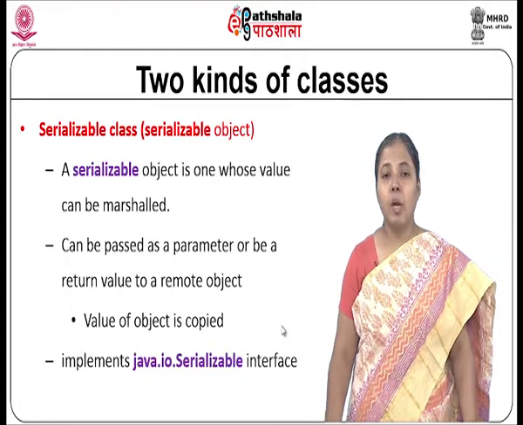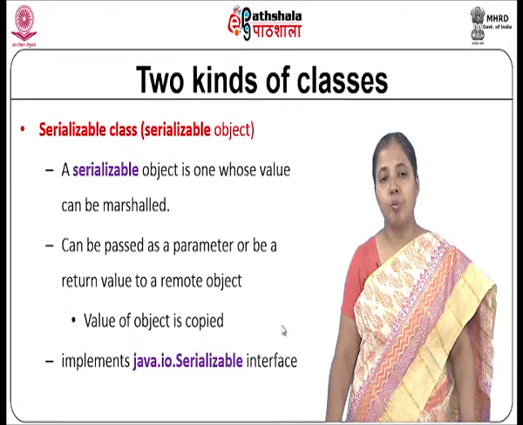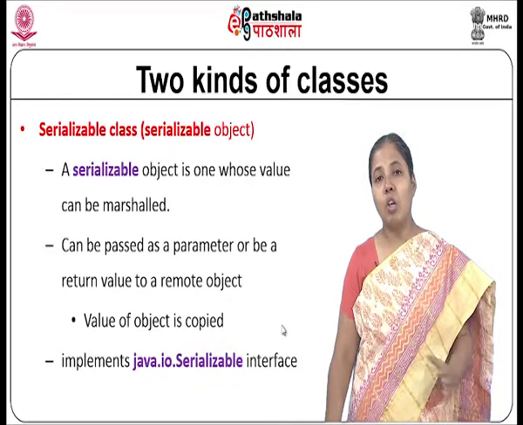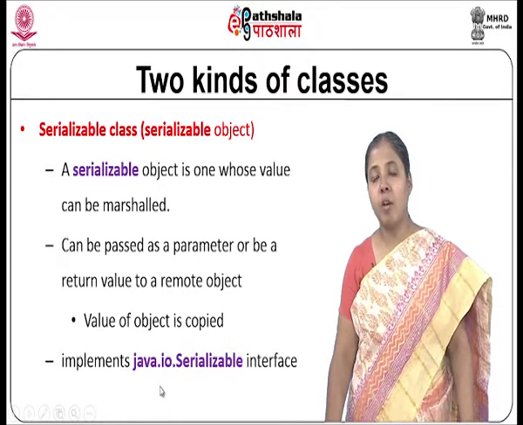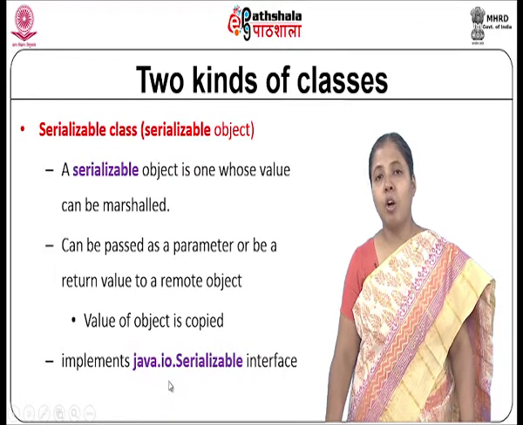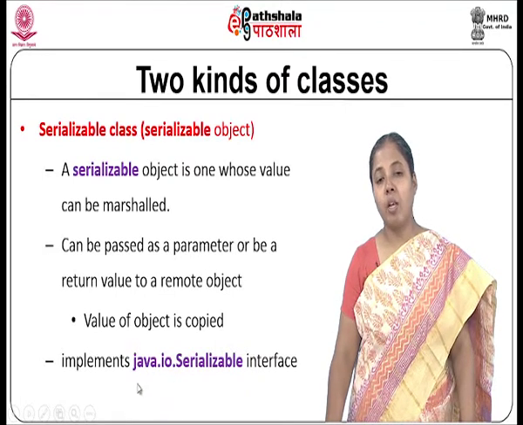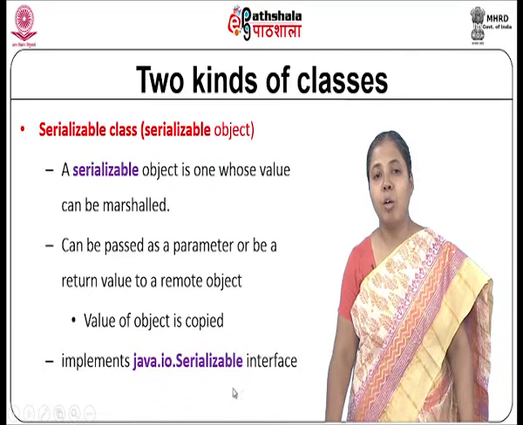It can be passed as a parameter or be a return value to a remote object. Here the value of the object is copied, and the class implements an interface called Serializable, which is available in the IO package. So, you need to import the package java.io in order to make use of the Serializable interface.